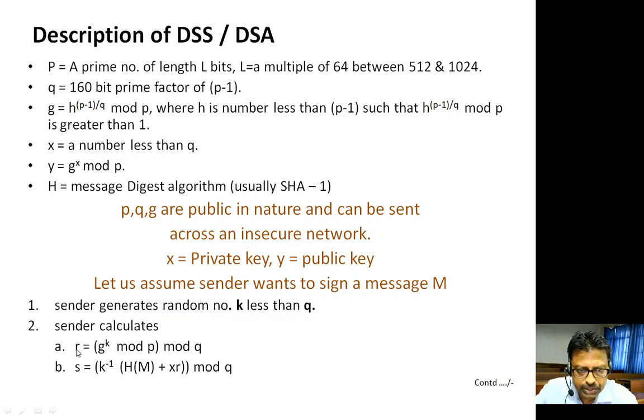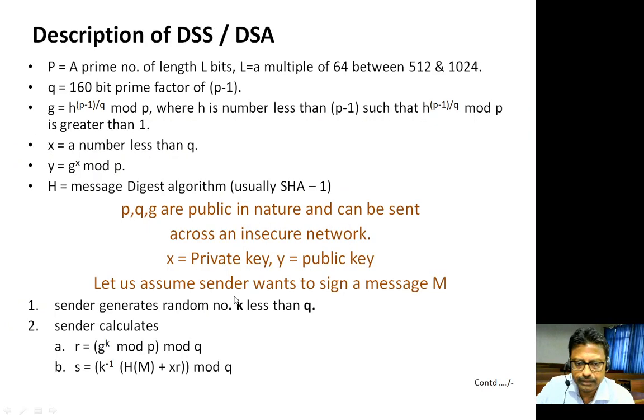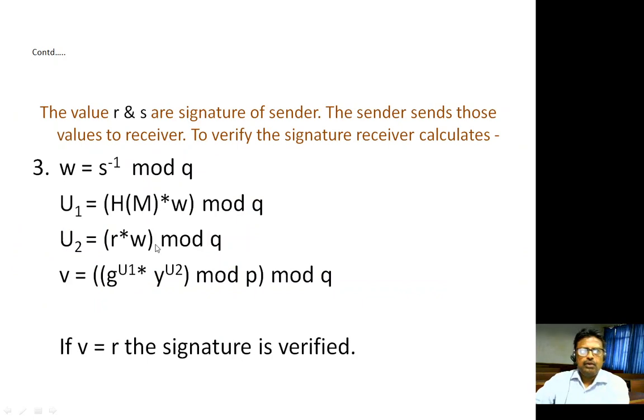In this way the sender is able to calculate r and s, and this r and s along with the message is sent to the receiving end. These values r and s are the signature of the sender, and the receiver is going to verify the signature.